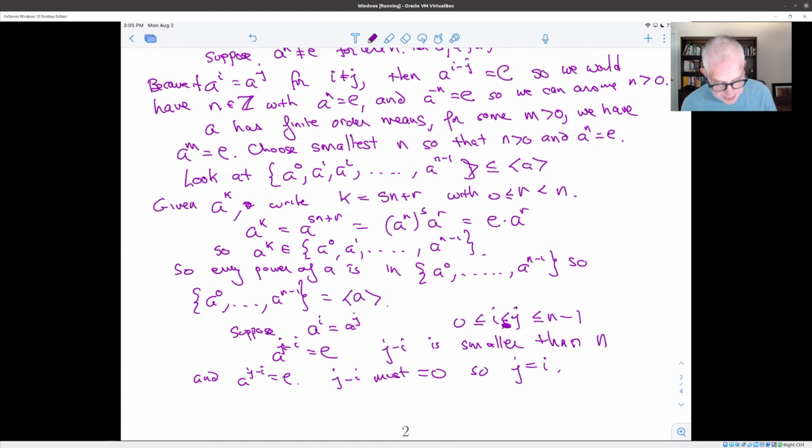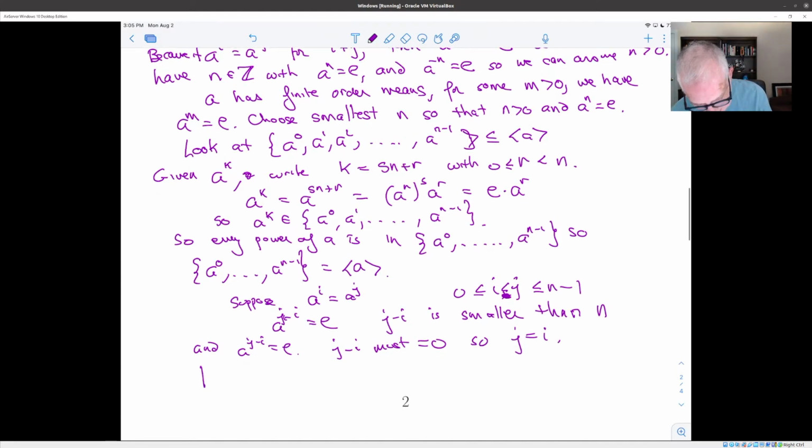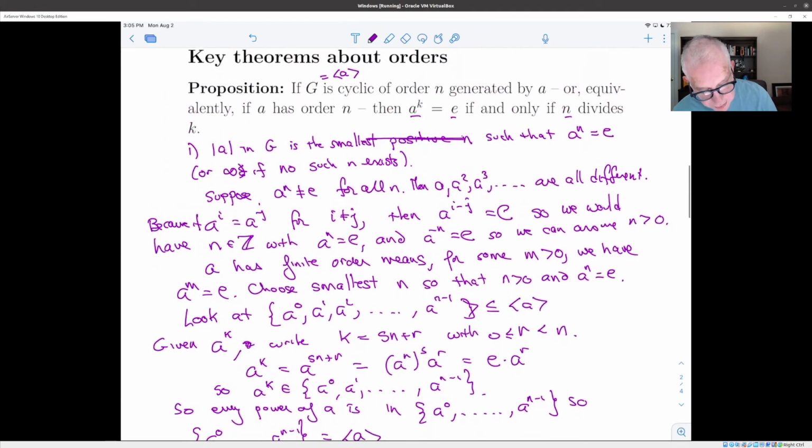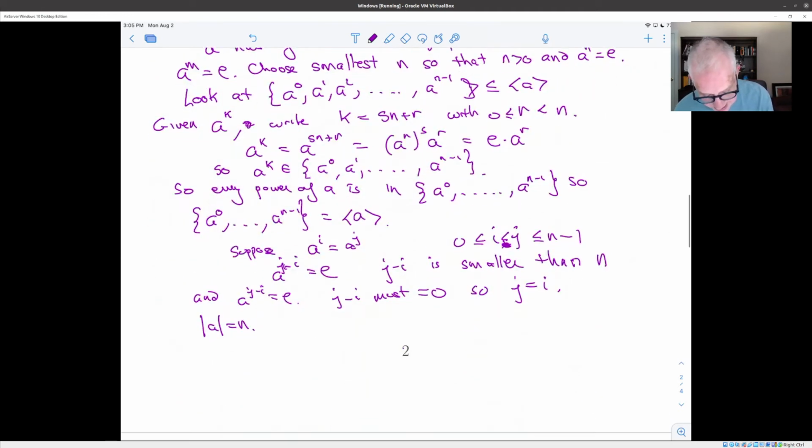And so we conclude, therefore, that the order of A is n, because we see that the cyclic subgroup generated by A has n elements. But we also have the final result, because let's go back to the thing we're trying to prove.